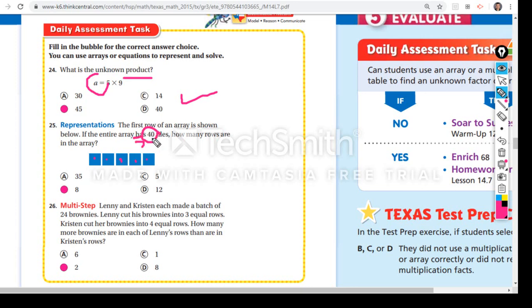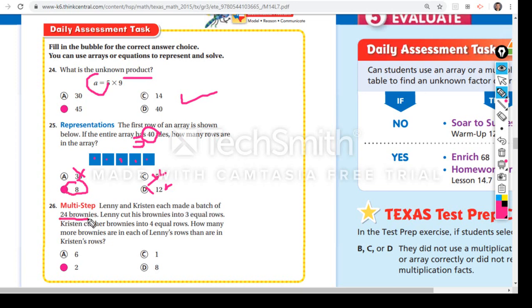And the product has to be 40. So what factor do we multiply 5 with to get 40? The key is counting these right here, so we'll know how many are in the group. There's 5. If you take a look at these, none of these will give you the product of 40, but 8.